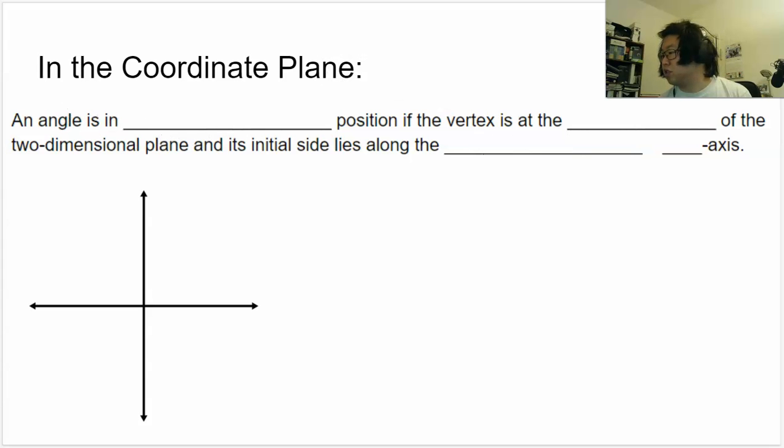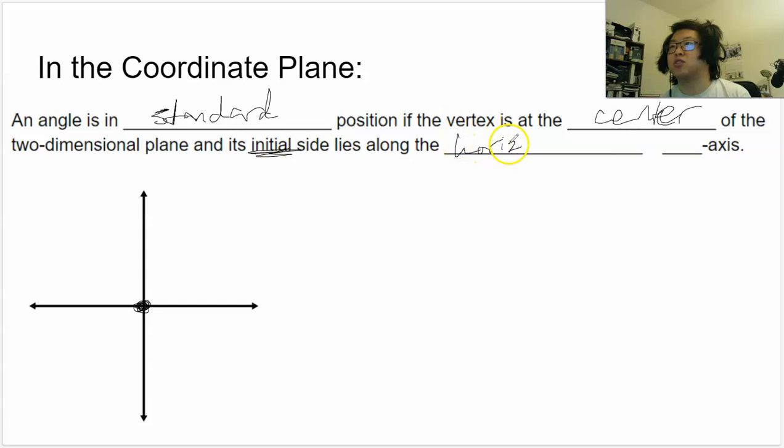Okay. So next part is an angle. We call angles in the plane standard position if the vertex is at the center of the plane, so that'd be right here. And the initial side, very important, initial side lies along the horizontal x-axis.